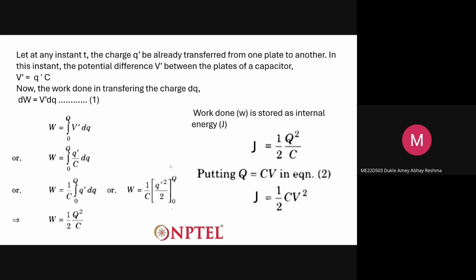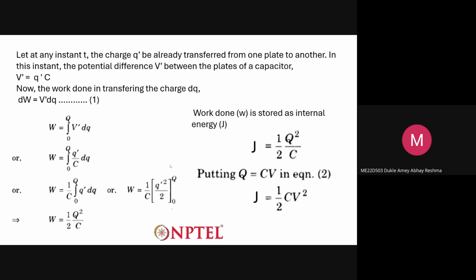To transfer the entire charge from one side to another, we have to integrate the potential difference over the entire charge, from 0 to q, where q is the maximum charge on the capacitor.